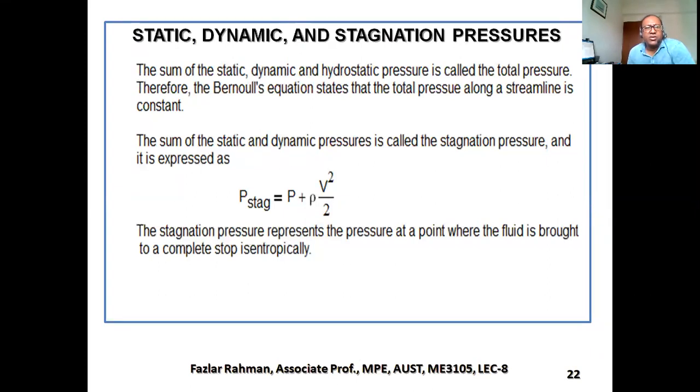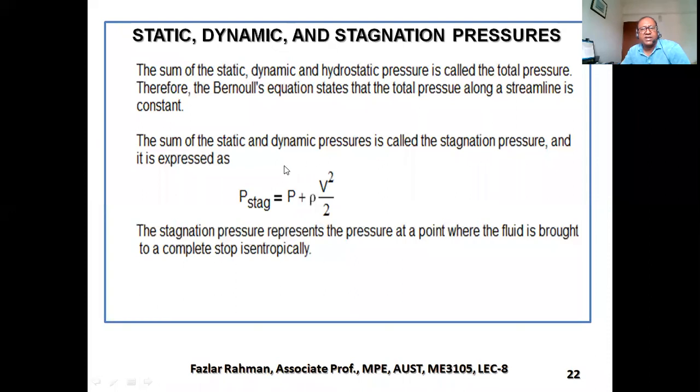Okay. So what is stagnation pressure? Sometimes we put a short question in the exam. It says the sum of static, dynamic, and hydrostatic pressure is called the total pressure of the fluid. Bernoulli's equation states that total pressure along a streamline is always constant.